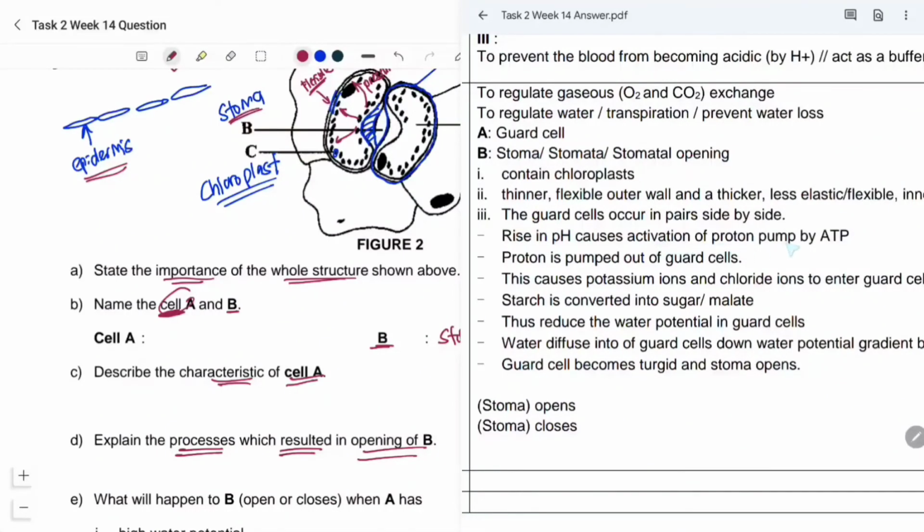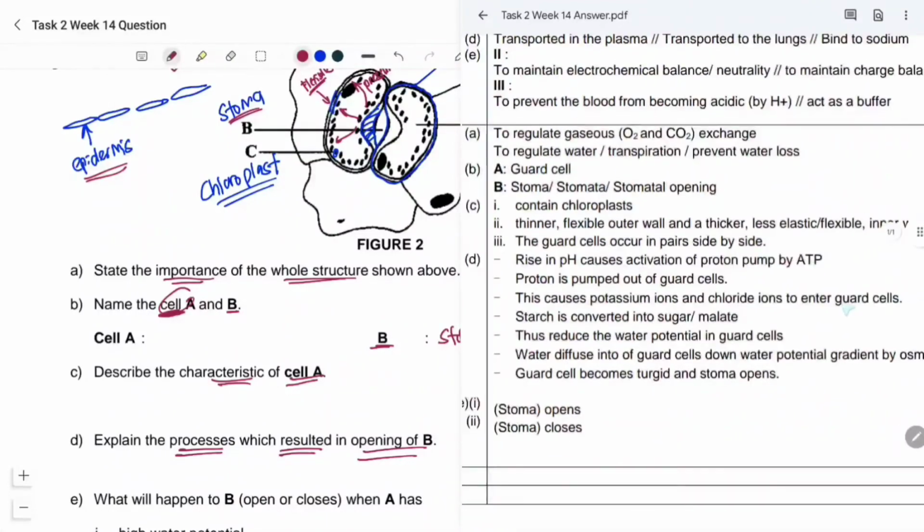Will cause activation of proton pump by ATP. So bila proton pump sudah activated, the proton will be pumped into the gut cell. And then consequently akan causes potassium ion dan juga chloride ion untuk enter the gut cell. Okay, as a result of H+ meningkat dekat dalam gut cell. So starch in the gut cell will be converted into sugar ataupun malate and thus reduce the water potential in the gut cell.